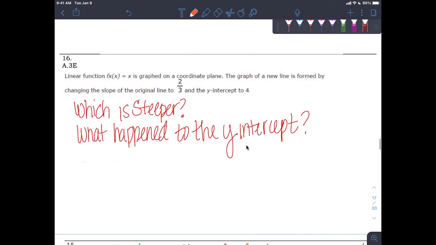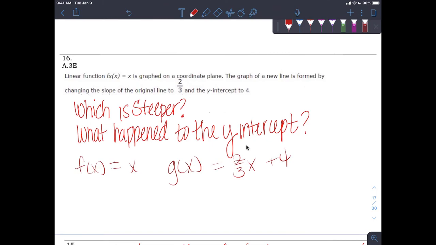So here they're asking me linear function f of x is equal to x, and then they're graphing another one that has 2/3 for the slope and a y-intercept of 4. And they want to know which one is steeper and what happened to the y-intercept. Well, first thing, let's go ahead and write this out. F of x equals x. G of x is equal to 2/3 x plus 4.